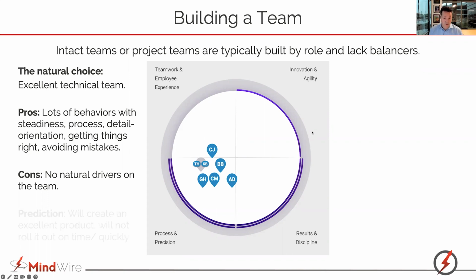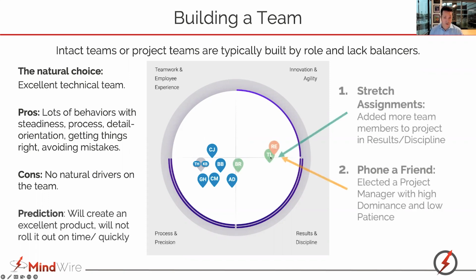So what we had to do is say, look, we need to introduce some fast-paced people that are going to push this team to go faster and make decisions. The team's going to have someone who's going to make some risk-based decisions and push this team to go more quickly than they are going to be comfortable. So we introduced some other folks on the team who were going to be exactly that.